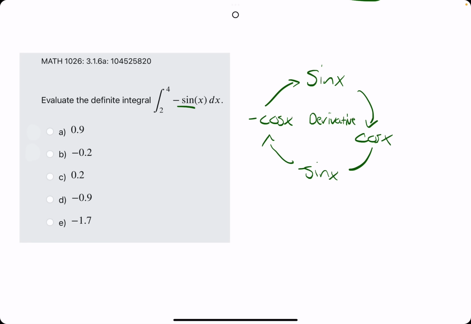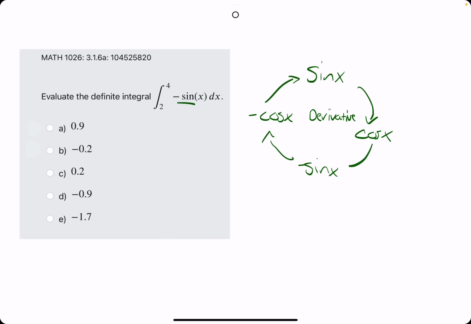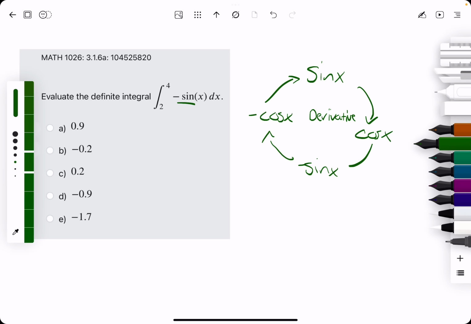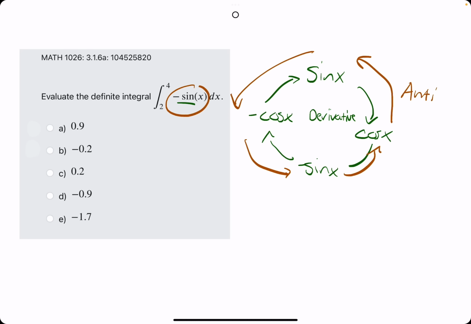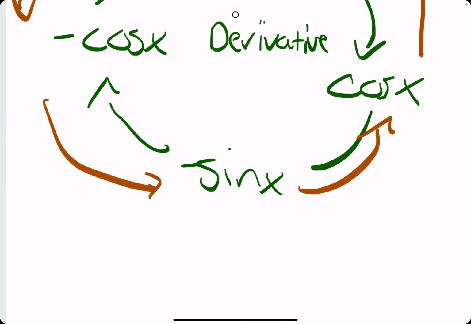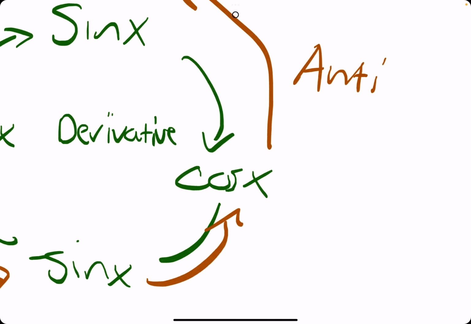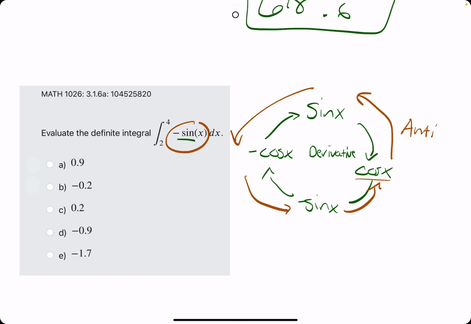There's a cyclic nature to the sine and cosine derivatives, which means there's a cyclic nature to their antiderivatives. Which means if we want to find the antiderivative of negative sine, then we go to negative sine and we follow the orange arrow, and it takes us to positive cosine.